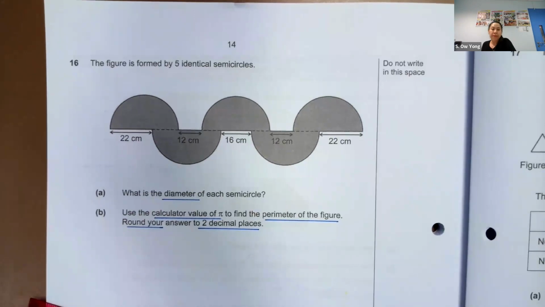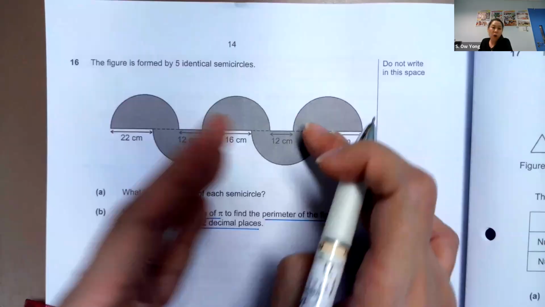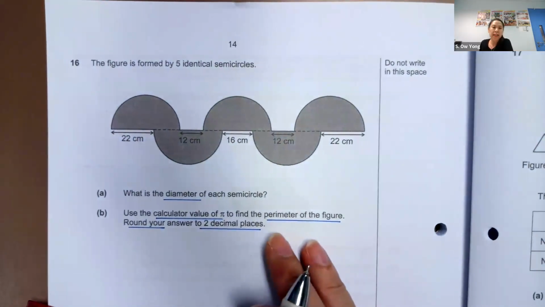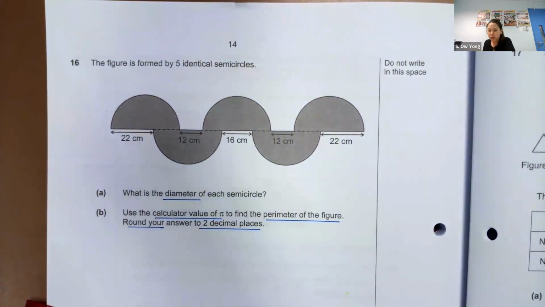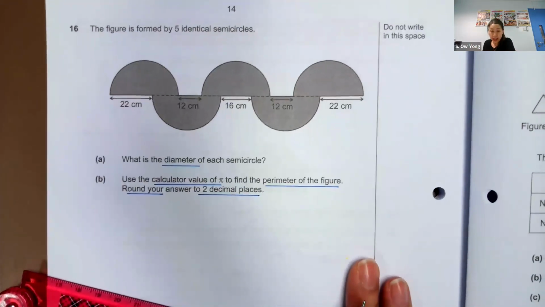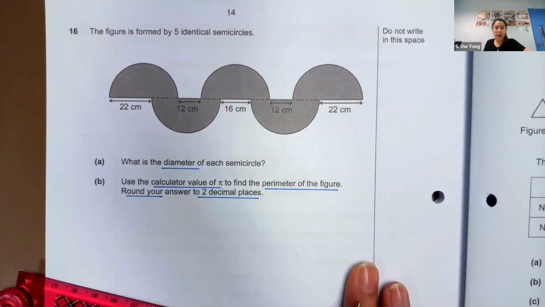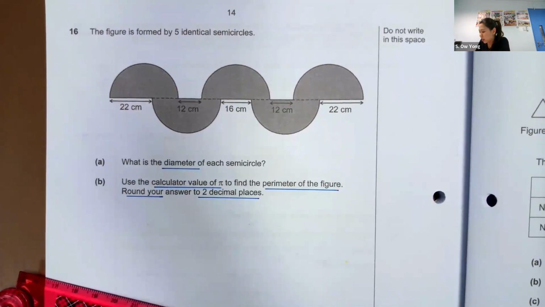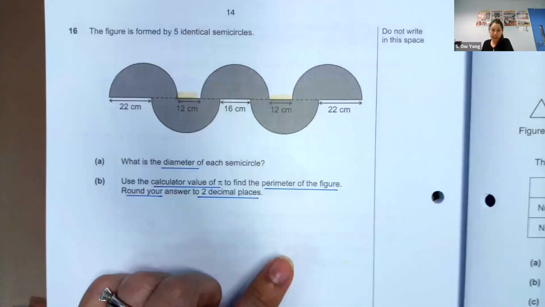Now, when you see a figure where all your shapes are all over the place, one way is to do some shifting and compare them in terms of the difference in length. What do I mean? Do you see that there's a semicircle, there's a 12 here, there's a semicircle, and another 12 here? That is the top layer.